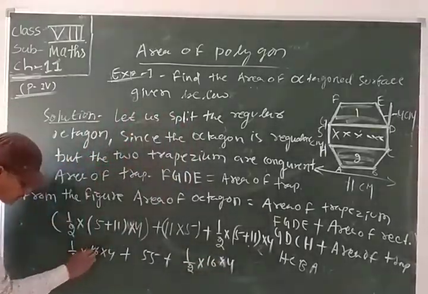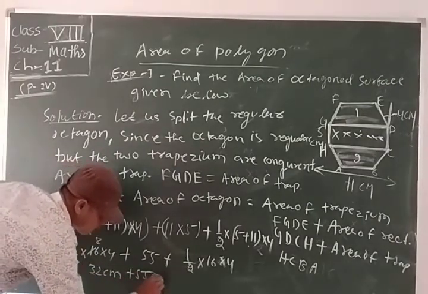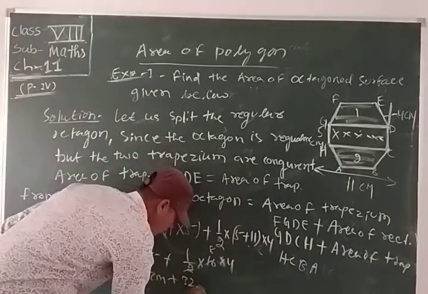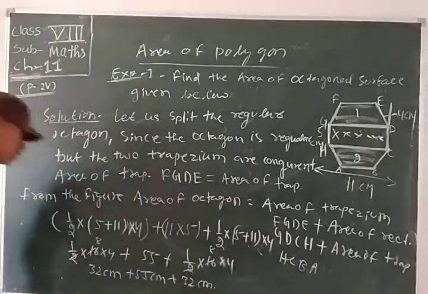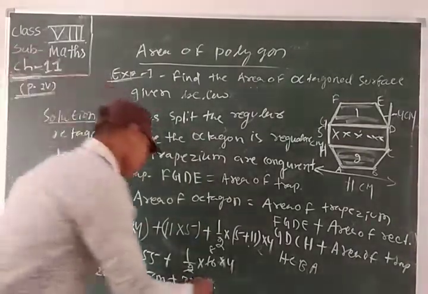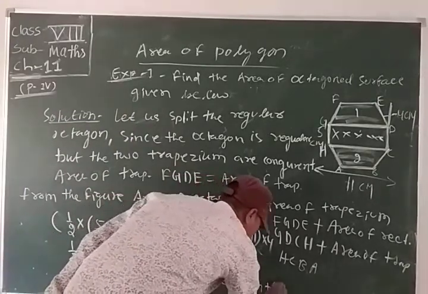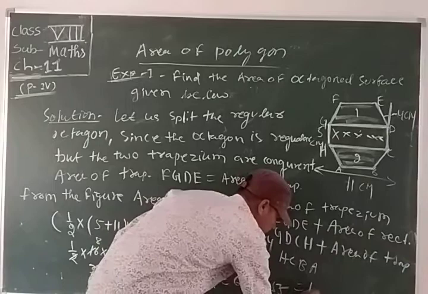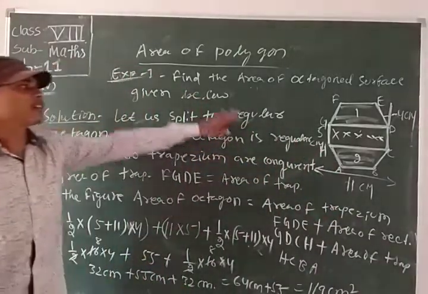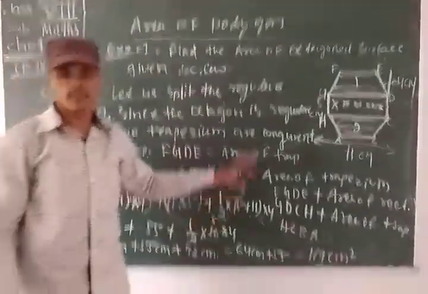Now half of 16 is 8, into 4 is 32 centimeter square, plus 55 centimeter square, plus 32 centimeter square. Now 32 plus 32 is 64, and 55. We add all: 64 plus 55 equals 119 centimeter square. So the area of the octagon is 119 centimeter square.